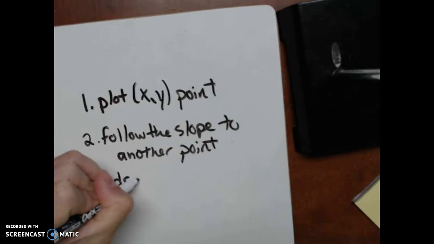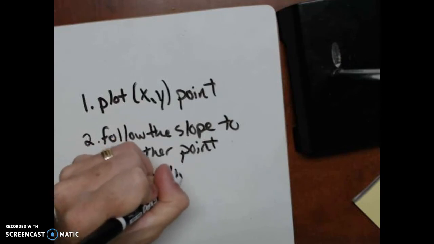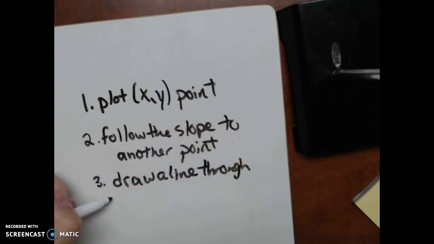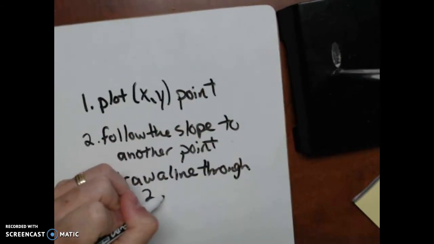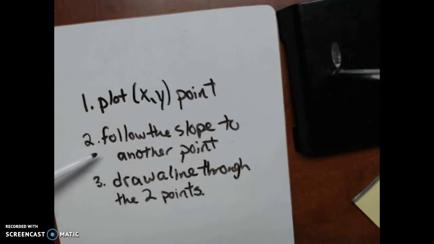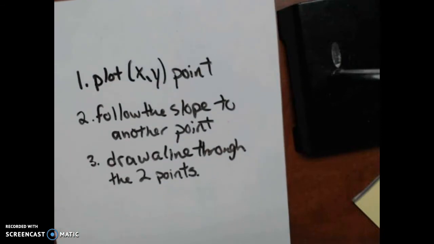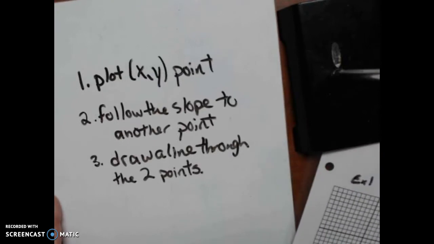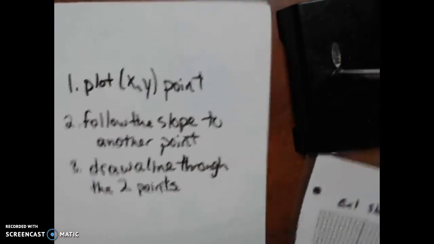Thirdly, draw a line that goes through the 2 points. Point 1, find another point, draw a line through those 2 points. That's the algorithm I'm going to use. You can hit pause and copy that down, and then here we go.